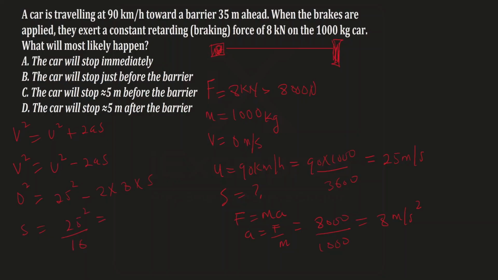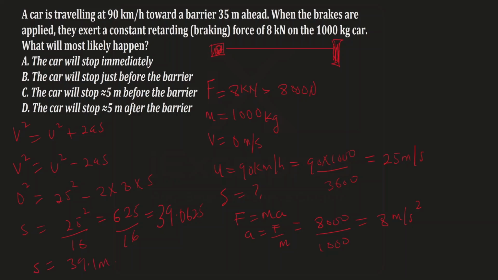This is 625 over 16, which gives 39.0625. So the distance the car will travel before coming to a stop is 39.1 meters.